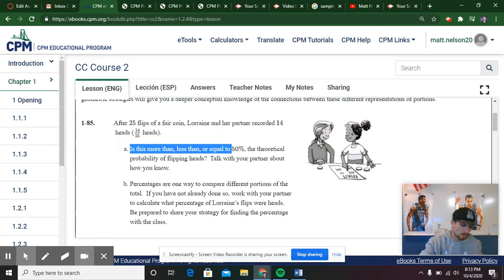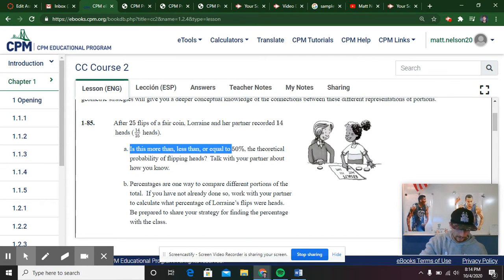So here I'm writing an equivalent fraction. And what do I have to multiply 25 by to get to 100? Because we're writing an equivalent fraction, right? So I'm going to write an equivalent fraction to 14 over 25.